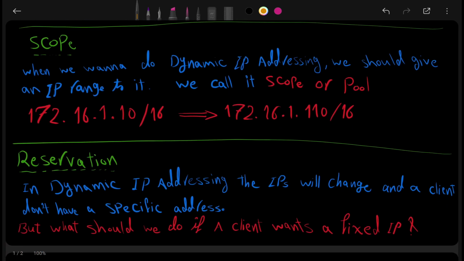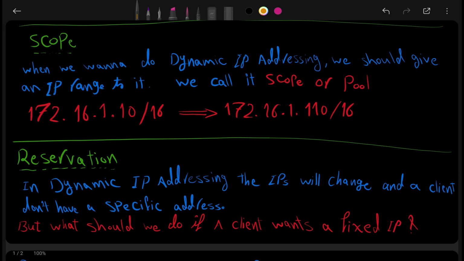Okay. Now we want to talk about scope. When we want to do dynamic IP addressing, we should give an IP range to it. We call it a scope or pool. For example, look at here. As you can see, this IP with a 16 subnet mask, we have this IP till this IP.